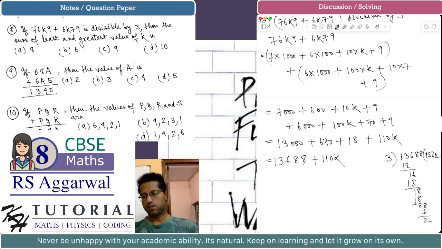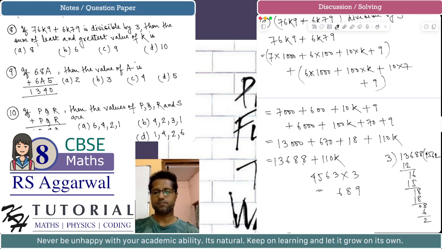Since k is a digit from 0 to 9, 110k will always be non-negative, that is, it can be 0 or greater than 0.